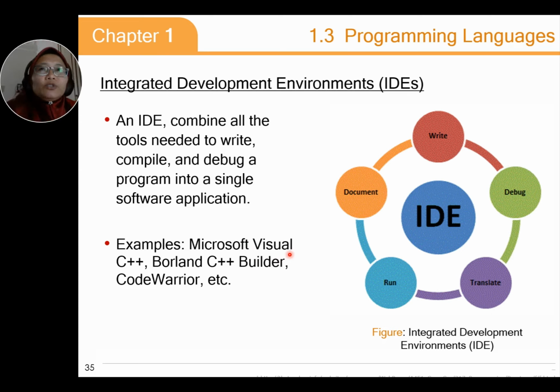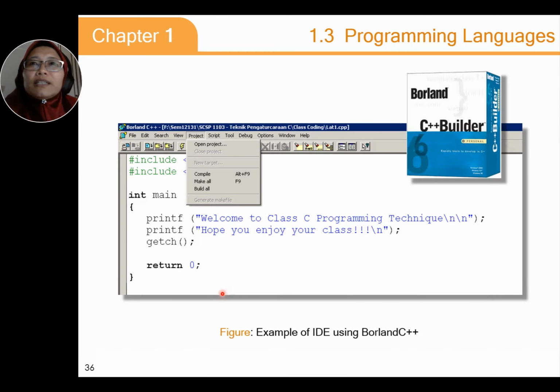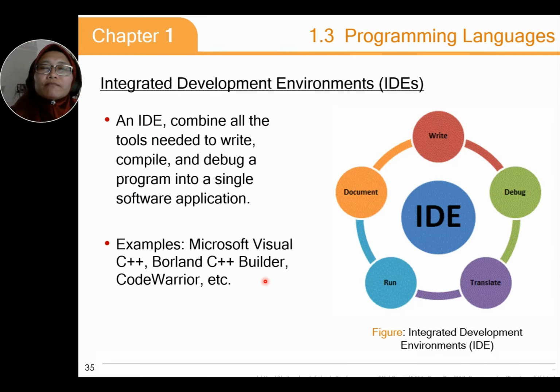For this course, we're going to use Microsoft Visual Studio, but there are other IDEs available, such as Microsoft Visual C++, Borland C++, Code Warrior, etc. This next slide shows a snapshot of Borland C++ Builder, which I used during my undergraduate. Here it shows the code.